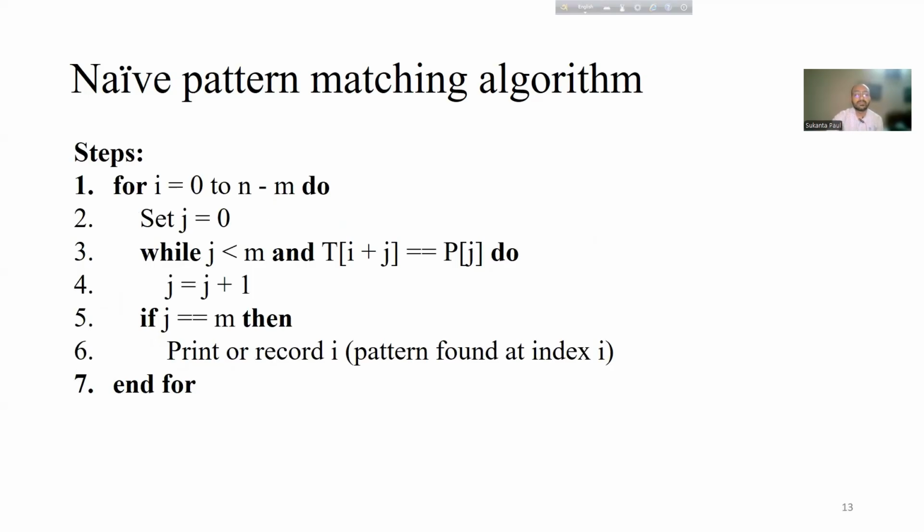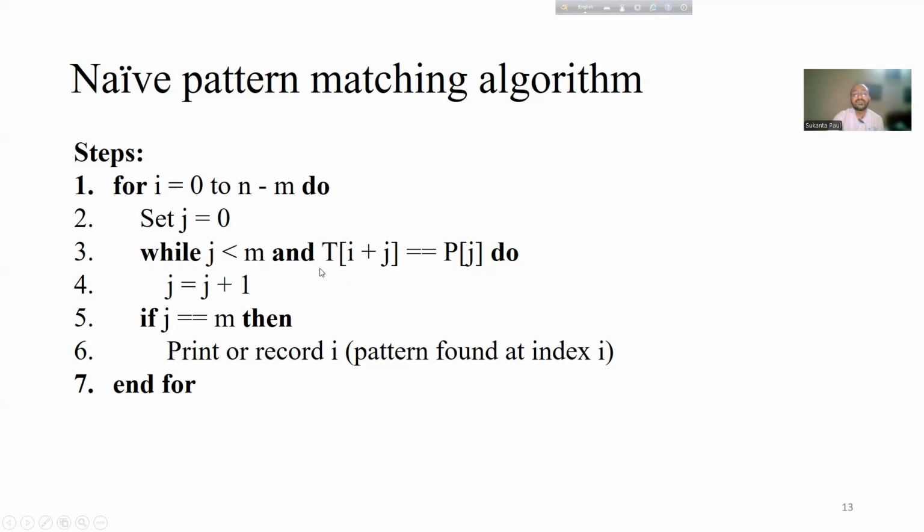There is the algorithm. So we see that the algorithm says i will go from 0 to n minus m position. For each i, j will start from 0 position and it will continue up to m minus 1.